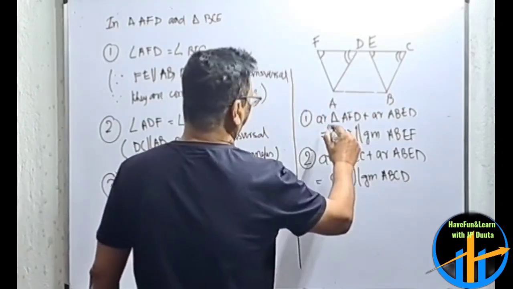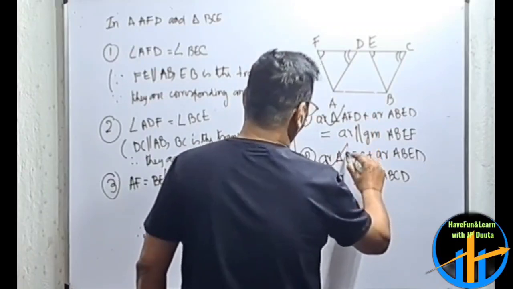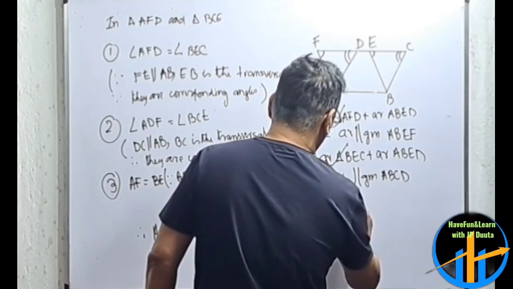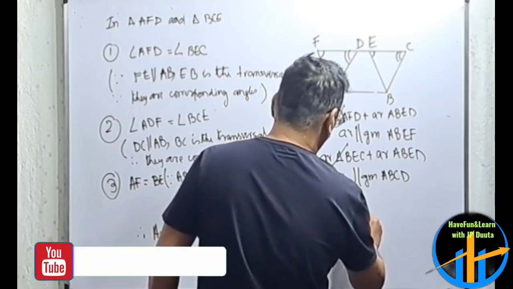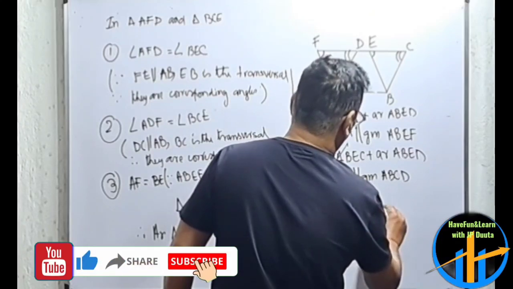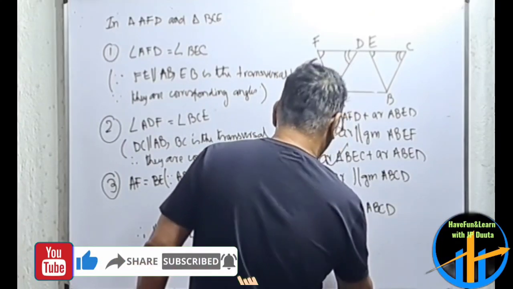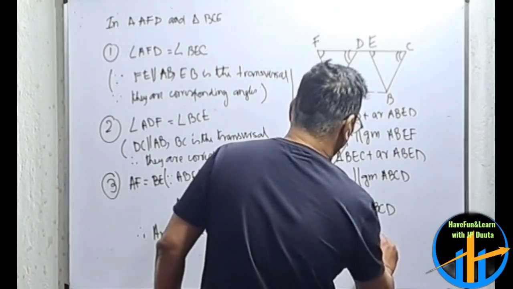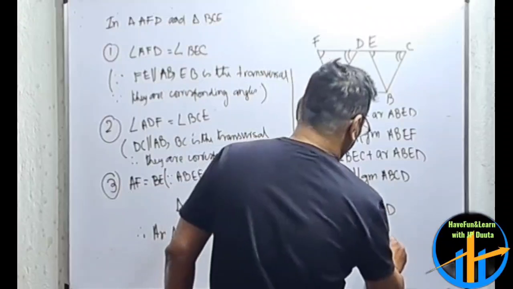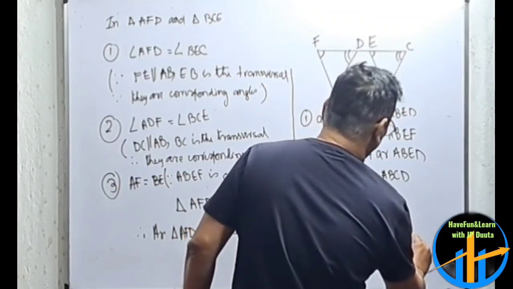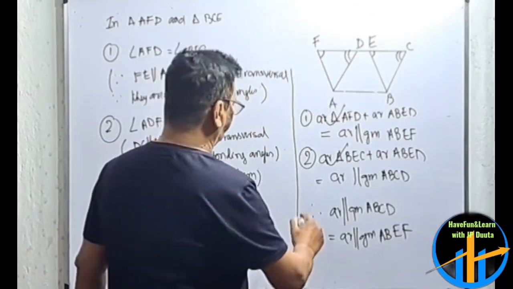Now, since we have proved that these two are equal, we can write area parallelogram ABCD is equal to area parallelogram ABEF. That is what we were trying to prove.